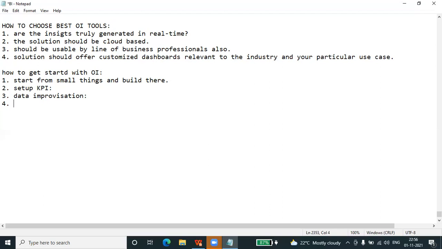Then measure your operational data. Operational intelligence requires data to be effective. This means you need to understand what your data looks like before you try feeding the data into the operational intelligence solution.